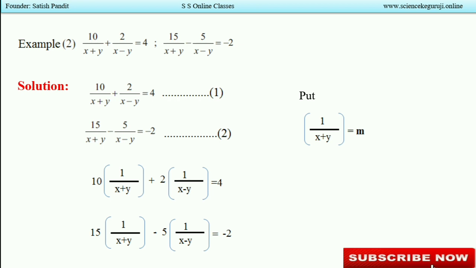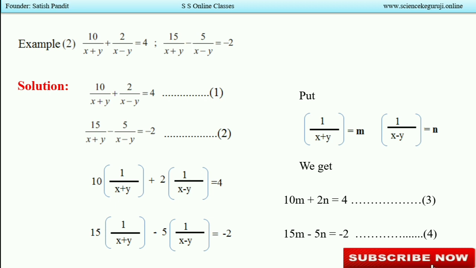We use m and n as the pair of variables, so 1 upon x plus y is equal to m and 1 upon x minus y is equal to n. So we get from the above equations 10m plus 2n is equal to 4, equation number 3, and the other is 15m minus 5n is equal to minus 2, equation number 4.